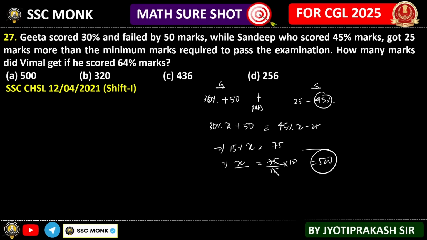So total mark is equal to what? 500. Now if total mark is 500, how many marks did Vimal get if he scored 64%? Sir, 500 into 64%, 100 into 5 is equal to 500, 64 into 5 is equal to 320. So Vimal scored 320 marks.